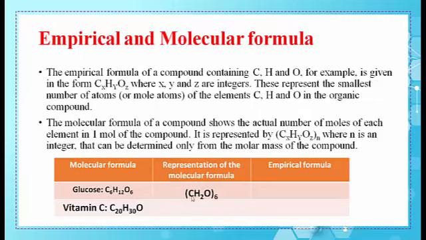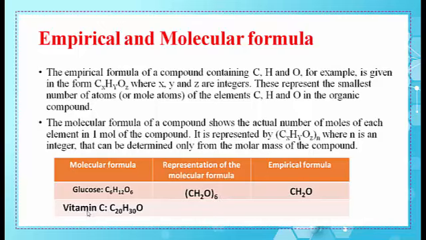By dividing all these subscripts by 6, we get CH2O, and we put parentheses and we put the GCF. This is n, which we talked about here. Now the empirical formula of glucose is just CH2O without this n.